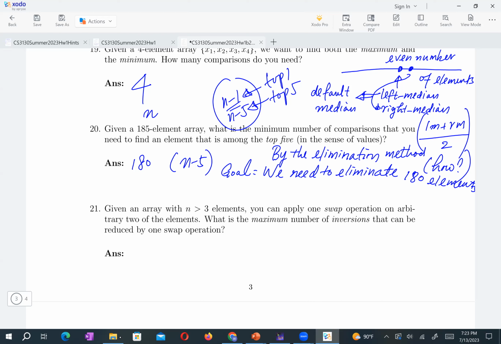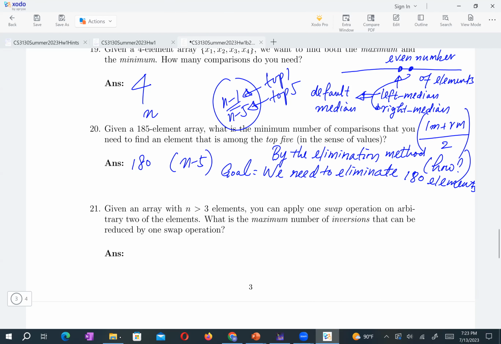Then only 5 elements are left, the top 5 elements. So we eliminate 180 elements. That means we find one element that's greater than 180 elements.